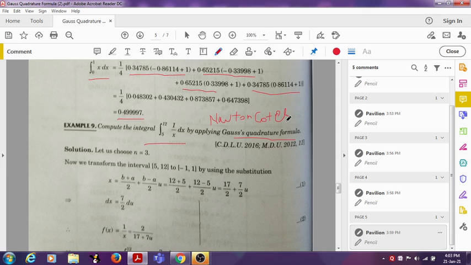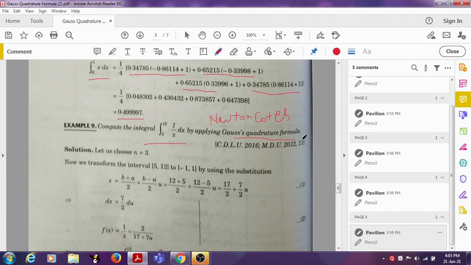So if we are to solve a particular problem by using the Newton-Cotes quadrature formula, then we can apply any of these three methods, and if we are to solve a problem by using the Gauss quadrature formula, then we have to follow these steps. So again, our problem is to compute this integral by applying the Gauss quadrature formula.